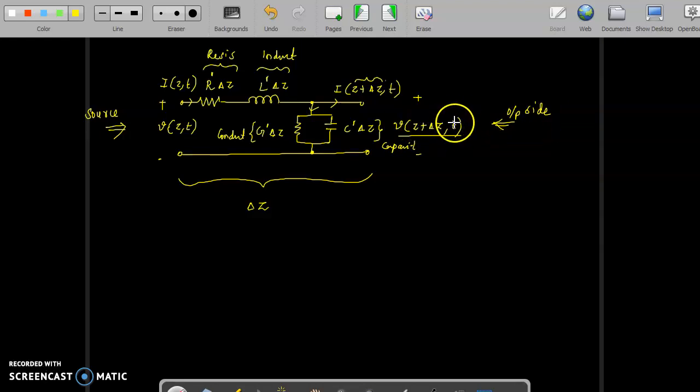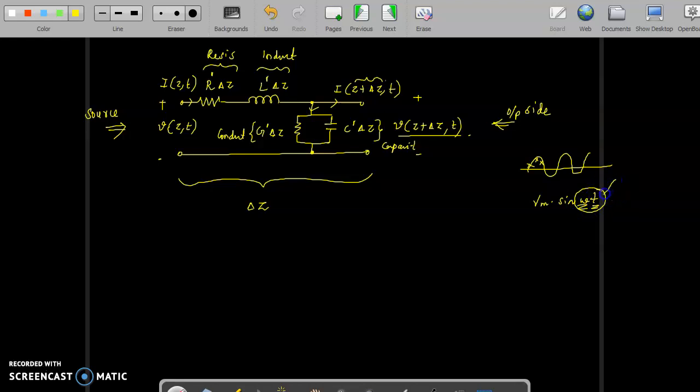So that effect is also taken into our model using the function Z plus delta Z. And time is an independent parameter, but the voltage and current are all time dependent. If you see this function of voltage, a sinusoidally varying function, at every instant the value of voltage and current are different, and we can represent it using Vm sin omega t, where omega is the frequency and t is time.